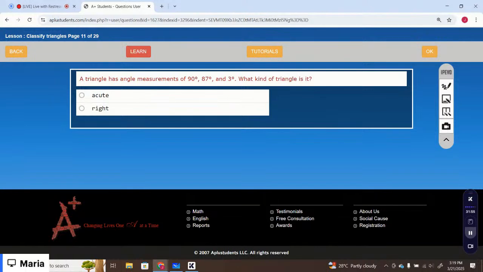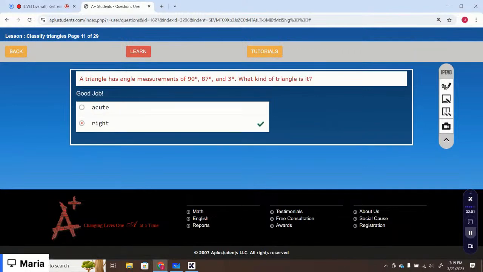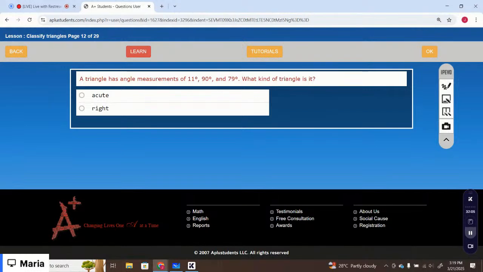That is a right triangle because one of the angles measures exactly 90 degrees. Option number two is the correct option. A triangle has an angle measurement of 11, 90, and 79. What kind of triangle is it?